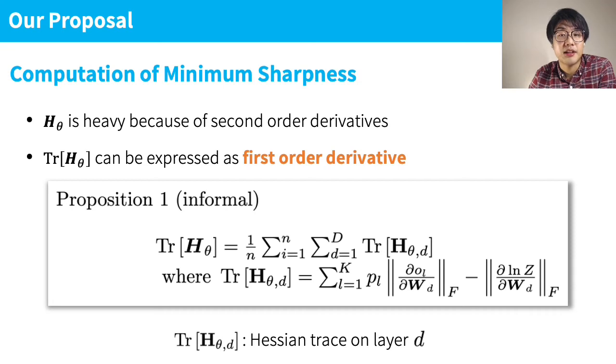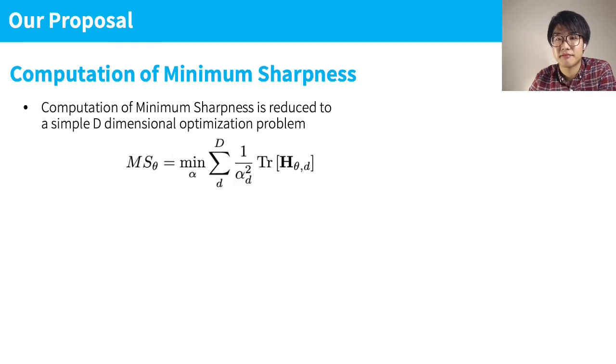And here, let me note that H theta d means the Hessian trace at layer d, because the Hessian trace can be defined layer-wise. And thanks to Proposition 1, the original minimization problem is reduced to a simple D-dimensional optimization problem, where D is just the number of layers. Therefore, minimum sharpness can be efficiently computed.